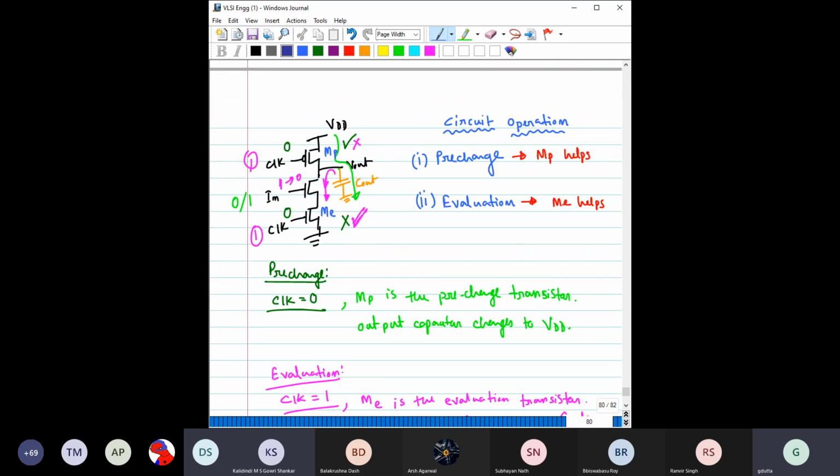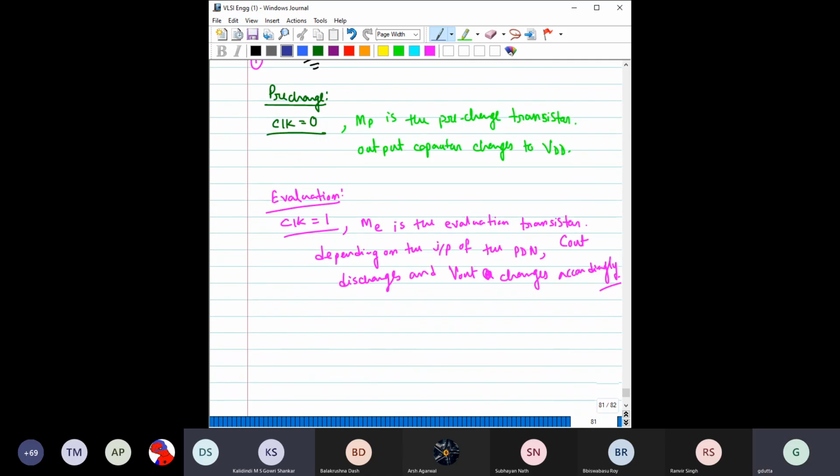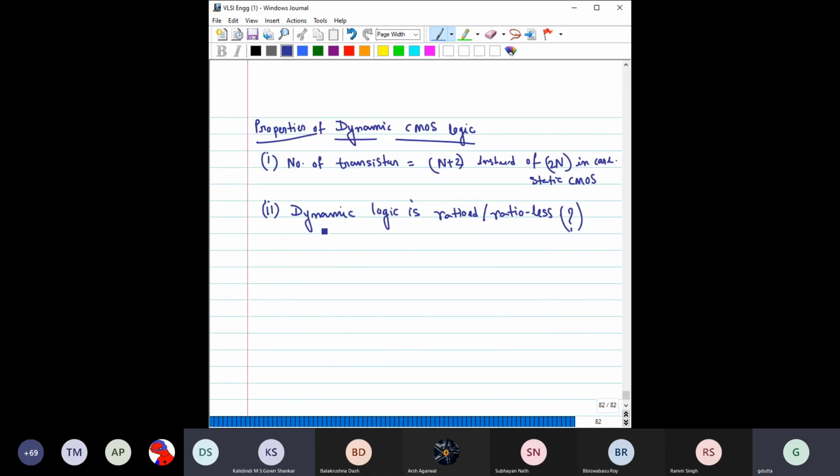What is the maximum value here? It reaches VDD. Minimum value during discharge, it falls to 0. It does not depend on this. So it is non-ratioed. So this is ratioless.